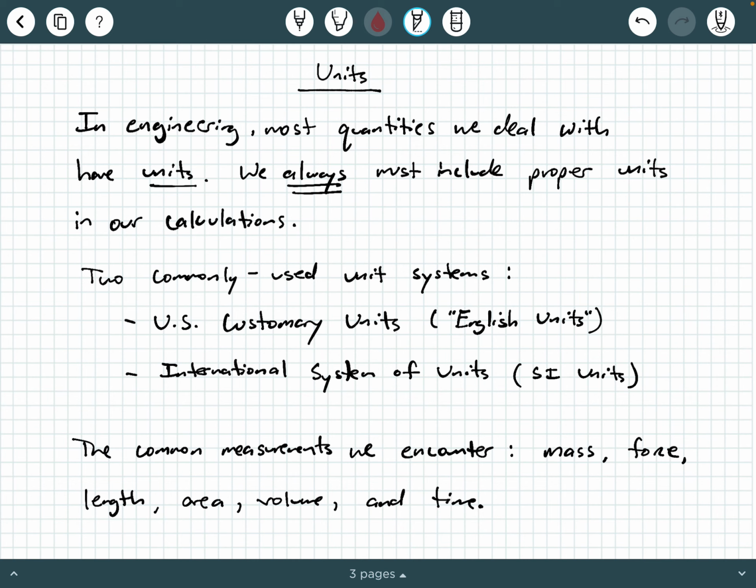The common measurements we encounter in engineering applications, and also in science and just in life in general, are mass, force, length, area, volume, and time. Again, this is a reminder: you need to write all of this down. Even though I already have all of this written down for us in this video, you need to maybe pause the video and write all of these points down in your notes.